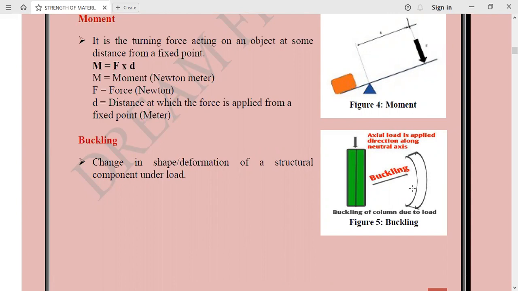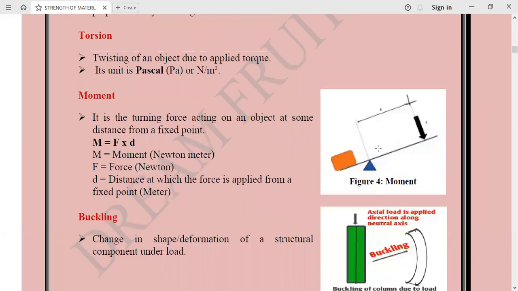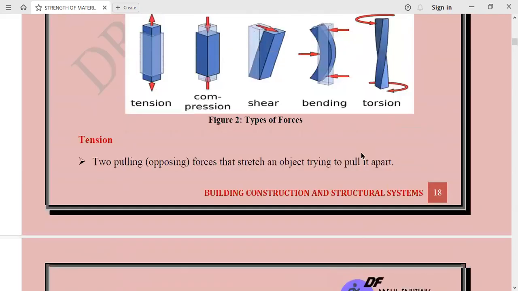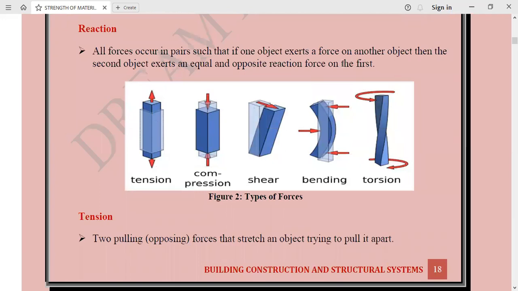But the main difference between bending and buckling is, in bending, the force that we apply is perpendicular to the longitudinal axis of the element.